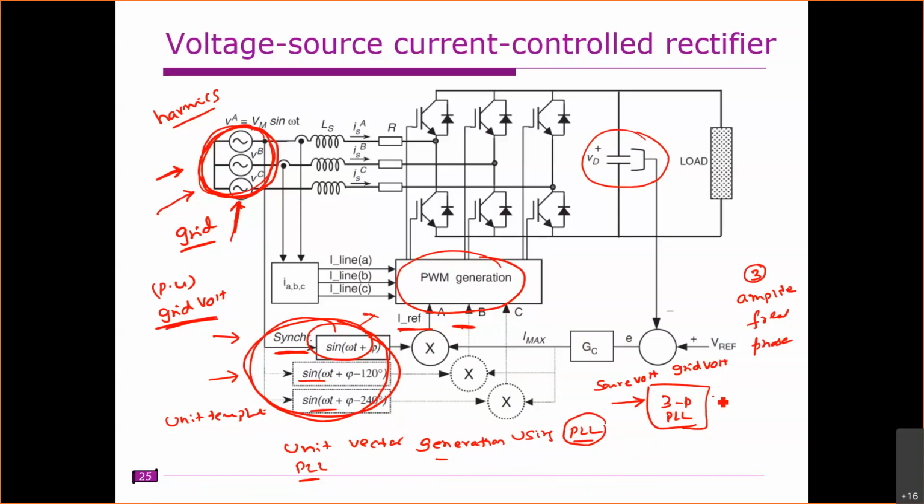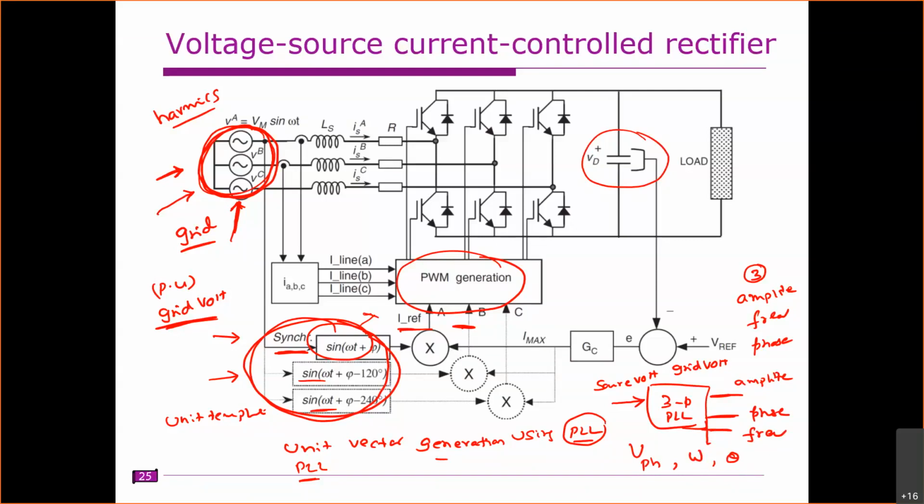So here you require this amplitude and this phase, and here you have this frequency. Let us assume that this amplitude is V phase, its angular frequency is omega, and the phase is theta.